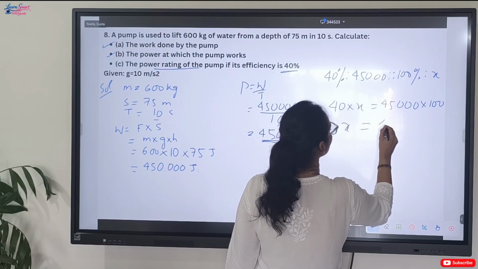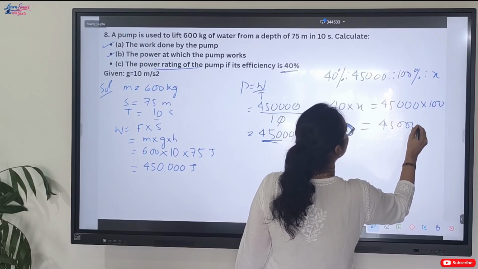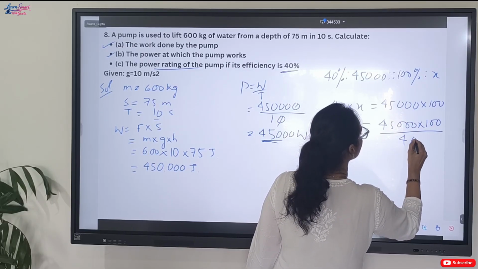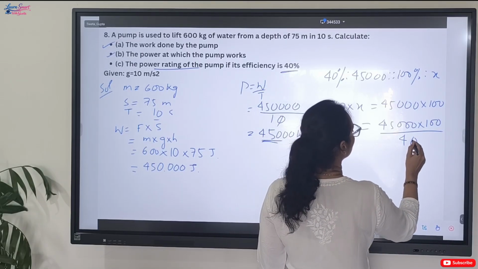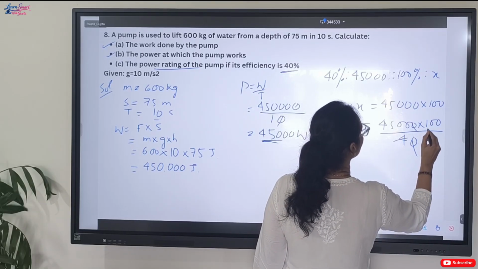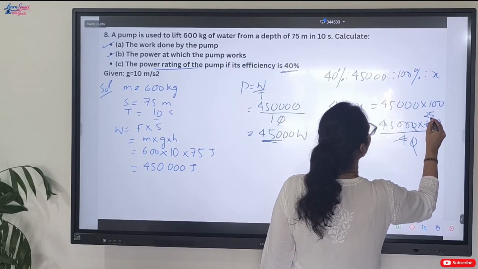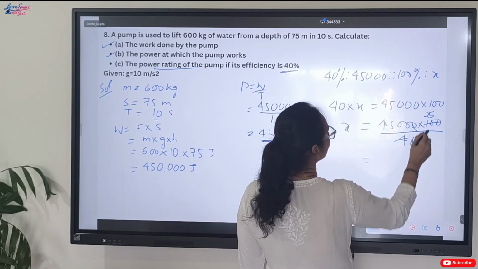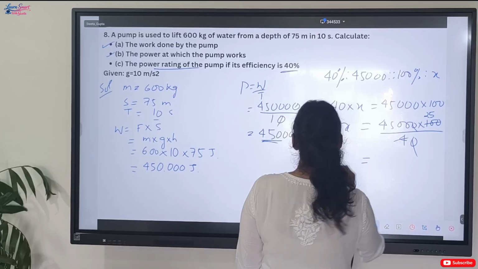So X equals, simply calculate this, and we will get the answer.